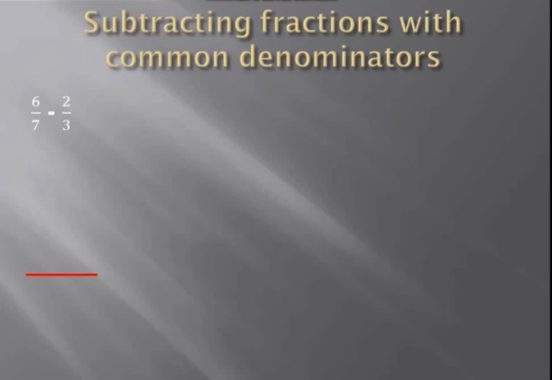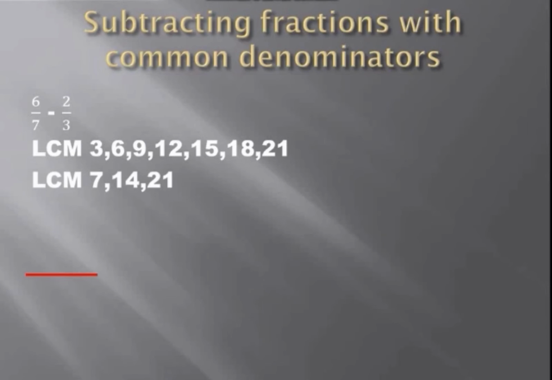Let's try the next one. 6 over 7 minus 2 over 3. The lowest common multiple of both 7 and 3 is 21. You write back the equation, you draw your line, write 21 as the lowest common multiple, and solve. 7 into 21 goes 3 times. Times the 6 by 3. 6 threes is equal to 18.